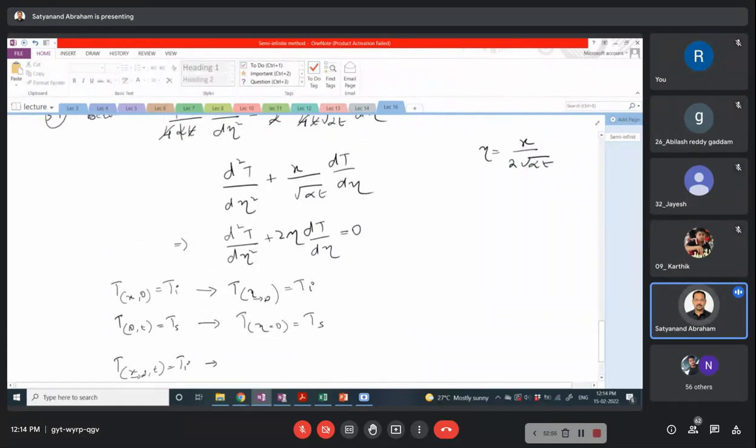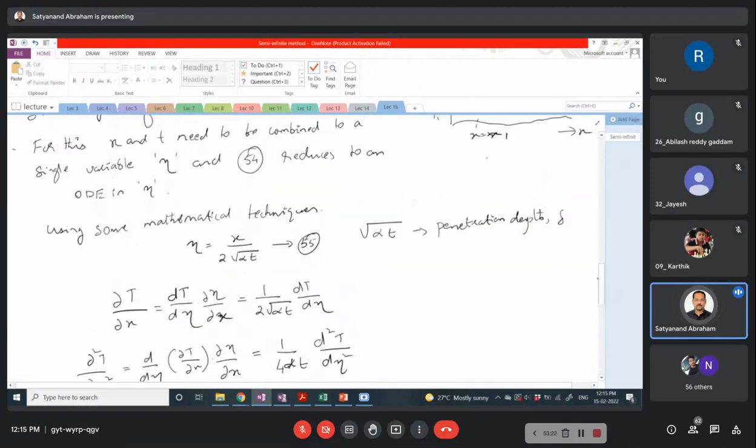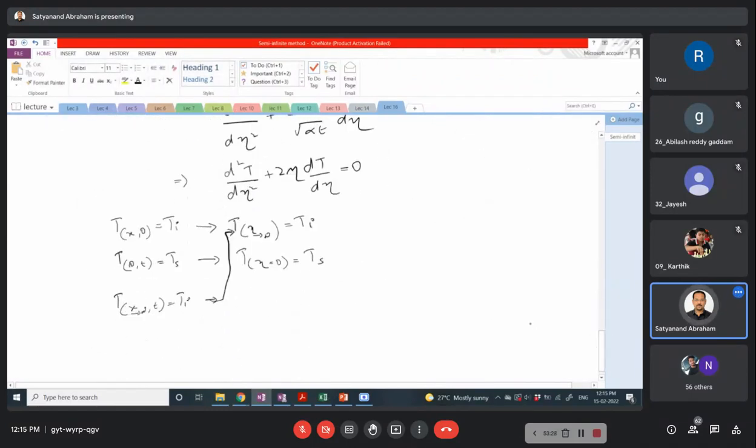We are saying x tends to infinity at any t, so that converts to η tends to infinity. Therefore this third condition also gives us the first condition over here. That is another criterion we need to see, so it will automatically come. Using some mathematical techniques, we have now converted our three conditions into two boundary conditions.